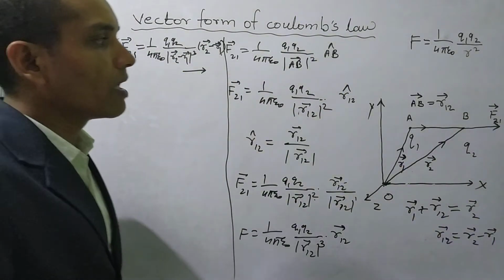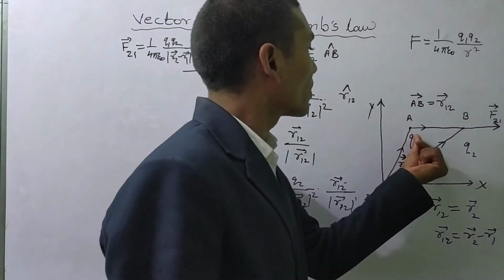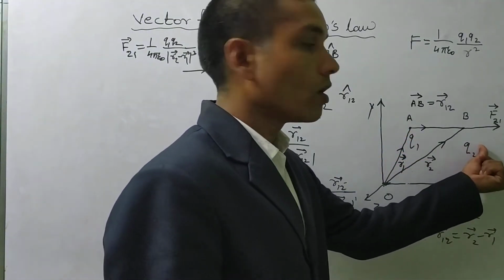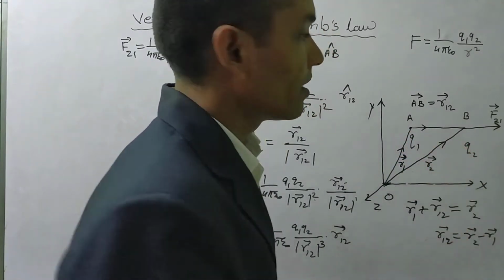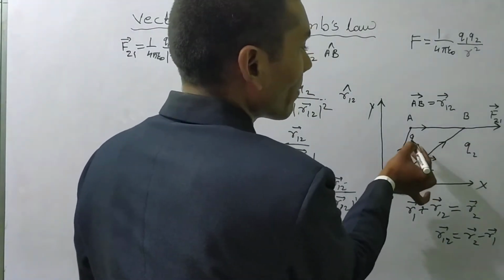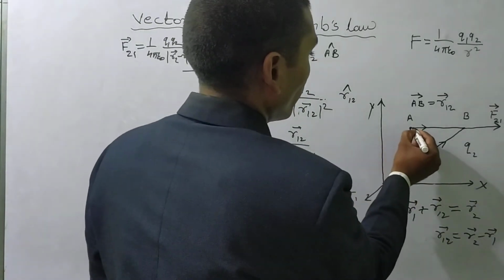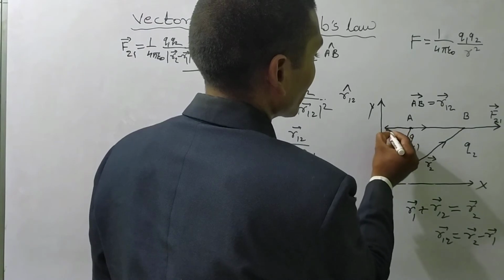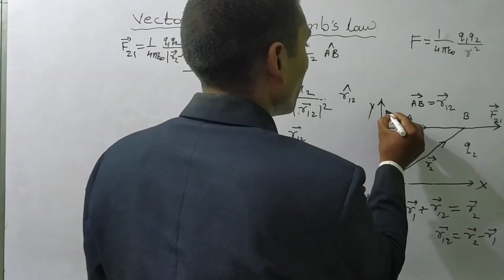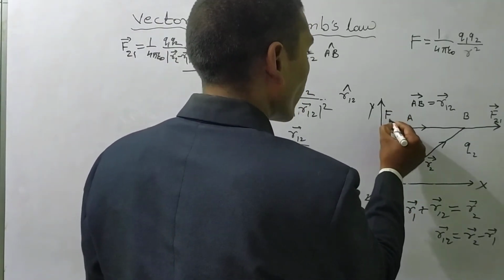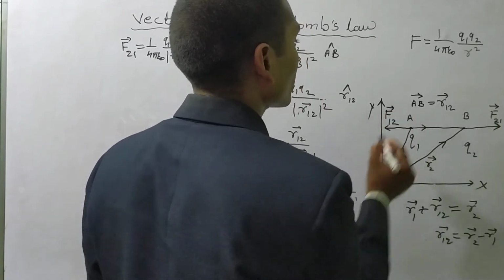Now similarly we can find the force on Q1 due to Q2. Because these are like charges, Q2 will repel Q1, so the force on Q1 will be along this direction. This is the force on the first due to the second.